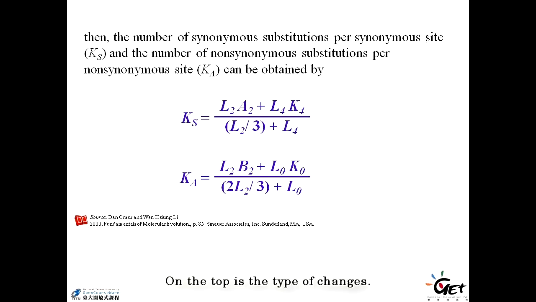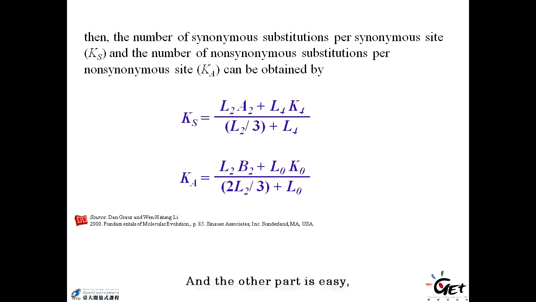On the top is the type of changes. It involves all the transitional changes on the top, right? So A2 is on the top for synonymous changes. B2 is the transversions. They are all non-synonymous and contribute to Ka.